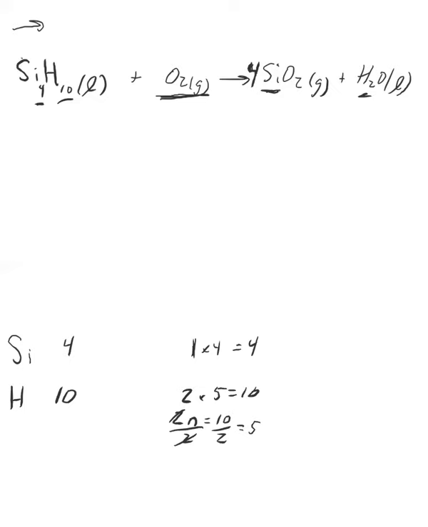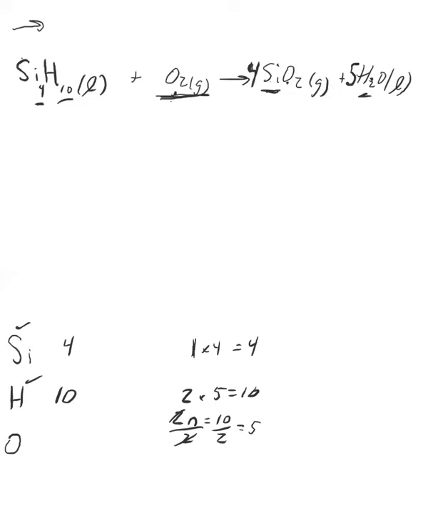And you just put that as a coefficient. Again, the numbers in the front are the coefficients. We don't change the subscripts in balancing equations. And then that just leaves us with oxygen. And again, this is an interfering type problem because you have oxygen next to silicon and oxygen next to hydrogen. But because we did the silicon and the hydrogen first, that leaves the oxygen all by itself right here, and we can just balance it right there.